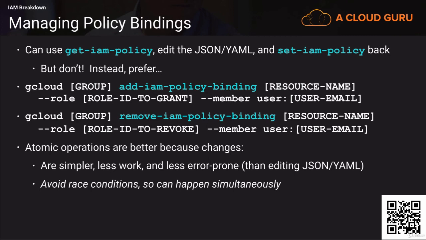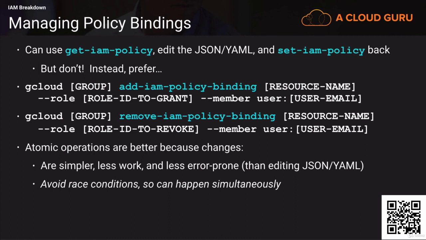conflict with each other. So let's imagine a scenario. Let's say that there are two people, or systems or whatever, that are trying to make changes at the same time to the same resource. And they both start by doing get IAM policy, and they get the same document. Then both of them will make their separate changes in that document. Maybe one person adds Bob as the administrator, and the other person adds Jane as the administrator.